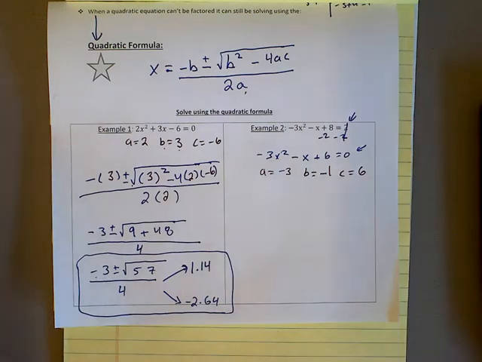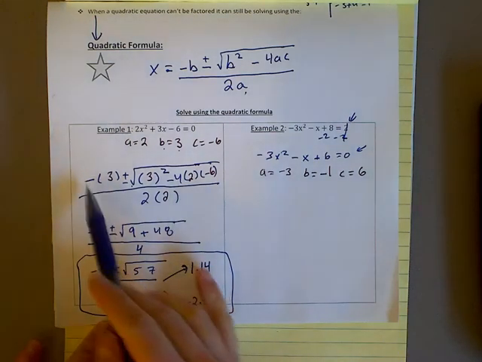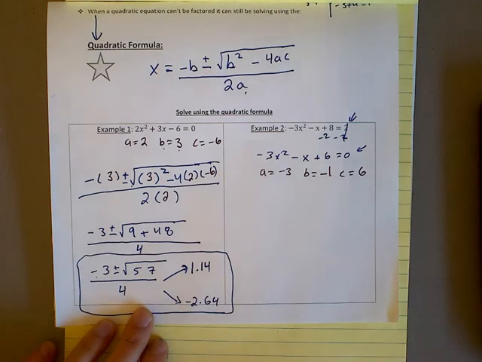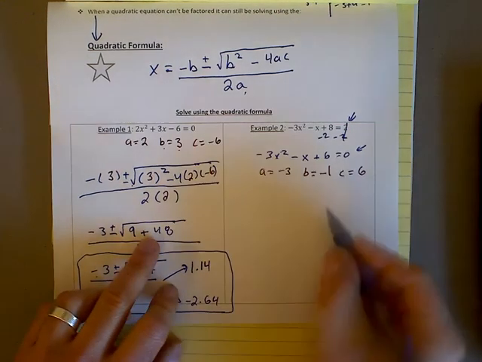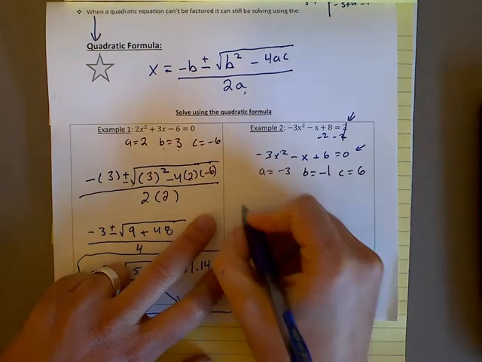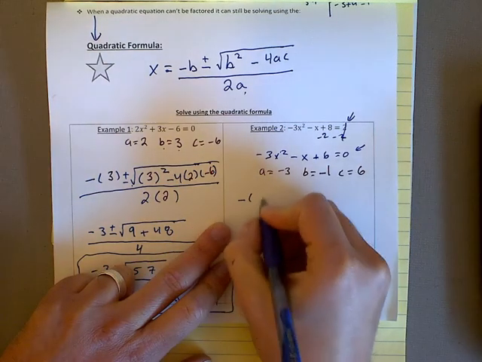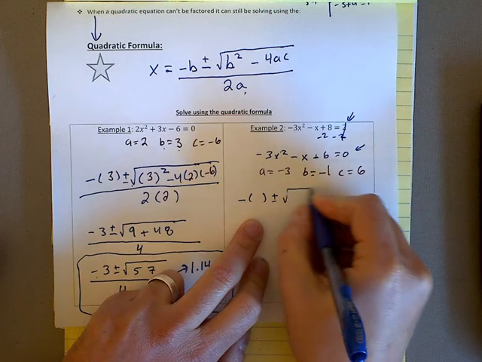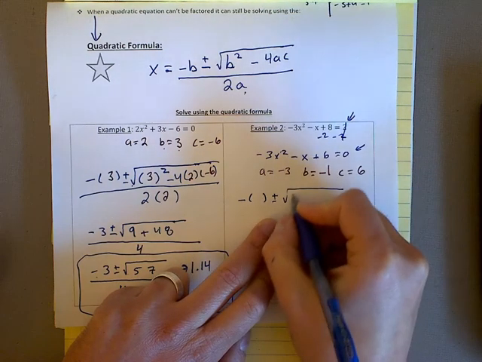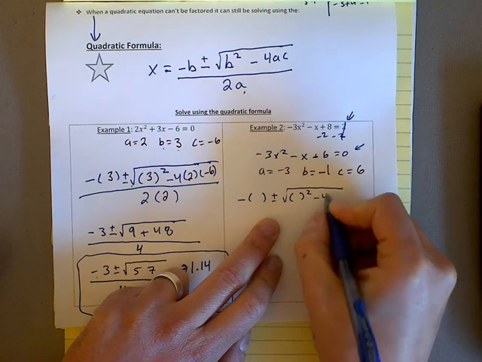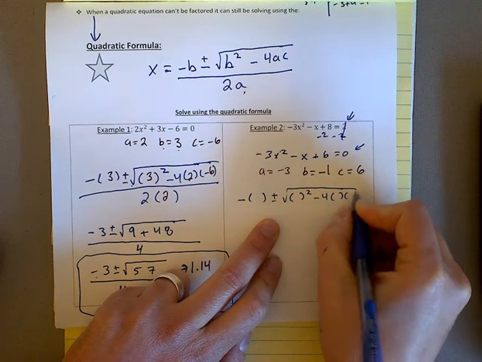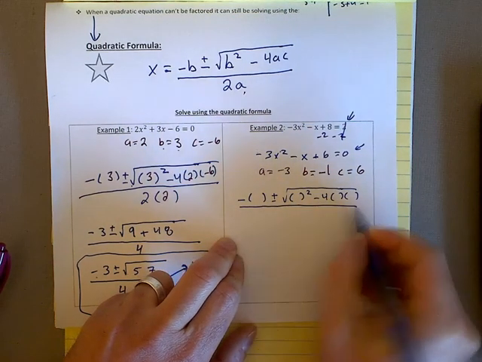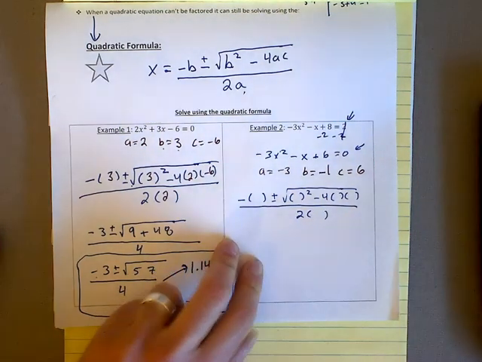So again, I'll use the structure where I lay the quadratic formula out and then throw those numbers in. So opposite of B, my B value is going to go in there, plus or minus the square root of B squared minus 4 times AC, all over 2A.